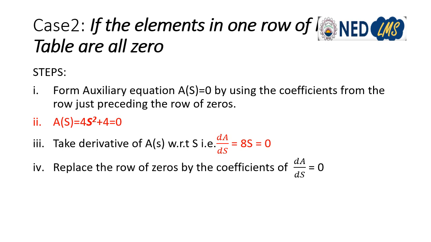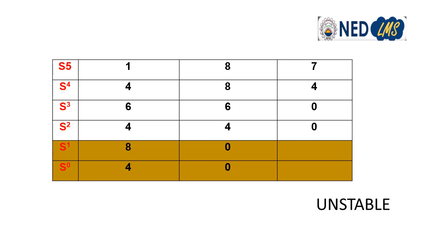This is just a glimpse back at the remedy, and we have to follow these steps. We have to make the auxiliary equation, take the derivative of this, and then replace the row of zeros by the coefficients of d upon ds. Here the s raised to the power 1 row is zeros.